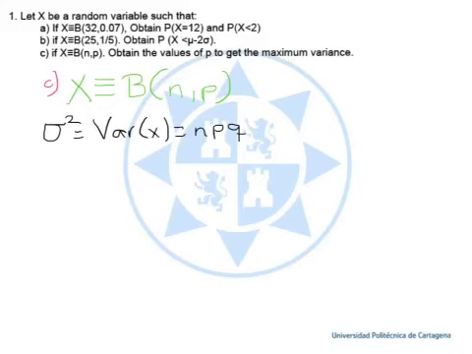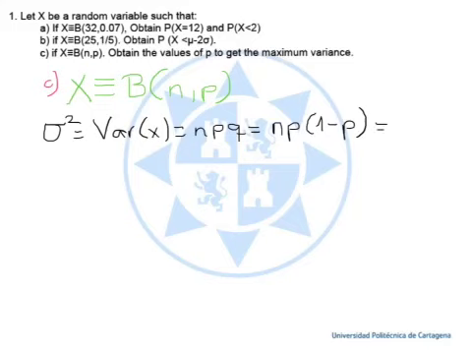Here we have the expression of the variance in a binomial distribution. So if we follow algebra, we get that this is equal to n times p times q, where q is equal to 1 minus p.